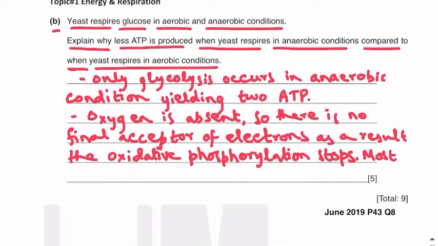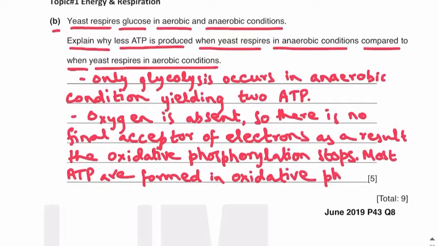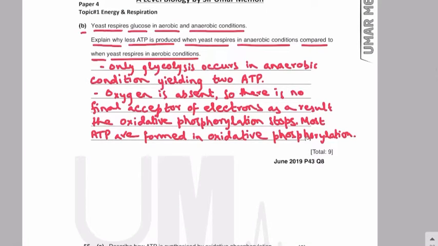Most ATP are formed in oxidative phosphorylation. That's why, because oxidative phosphorylation is not occurring, in anaerobic conditions less ATP are produced. Oxidative phosphorylation occurs in aerobic conditions when oxygen is present. We can also write that the ethanol that is produced is still energy rich, and it is unable to break down further.